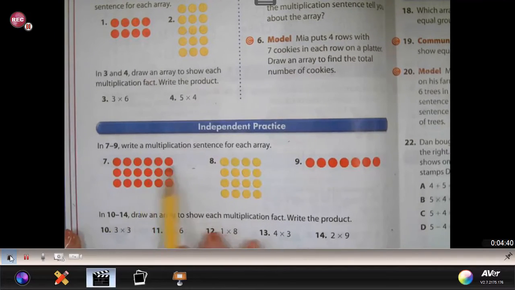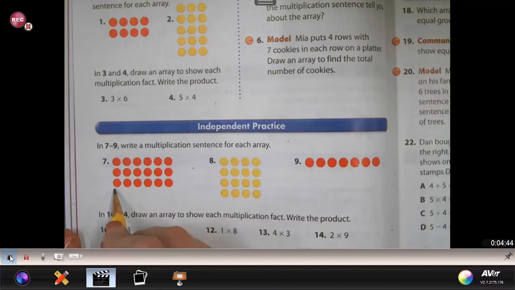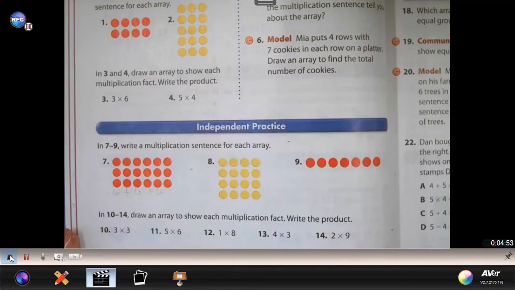There's 3 here and 3 here. So the first row has 6, my second row has 6, and my third row has 6. So you're checking this on your paper. Remember, you're not writing in your book. I will go back and erase this.